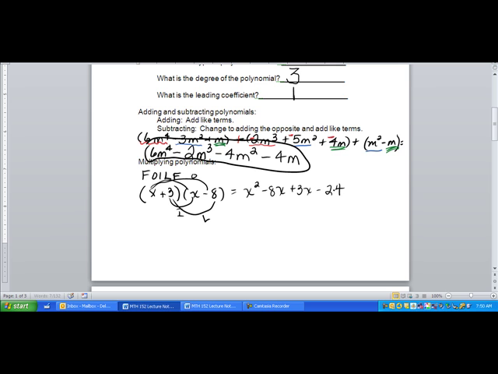Then we want to combine the two in the middle because they are like terms. And we get our end result. So FOIL works when we're multiplying two binomials. Let's look if we are multiplying something that has a little bit larger trinomial instead of a binomial.